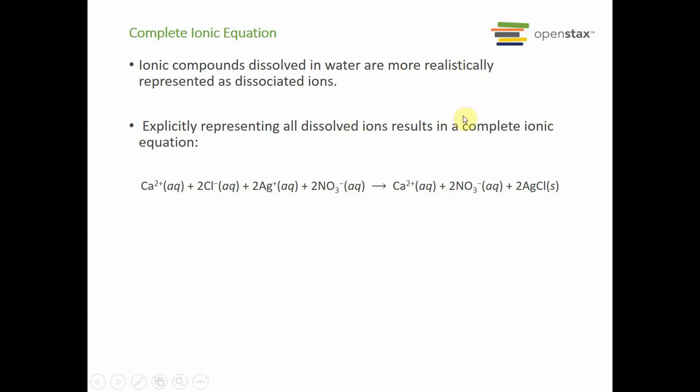It's called a complete ionic equation, where you say that the calcium chloride has dissociated, so it's actually present as calcium 2 plus ions and chloride minus ions, and the silver nitrate is present as silver plus ions, aqueous, and nitrate minus ions, aqueous, and that goes to calcium 2 plus aqueous plus 2 nitrate ions, aqueous, plus silver chloride solid.